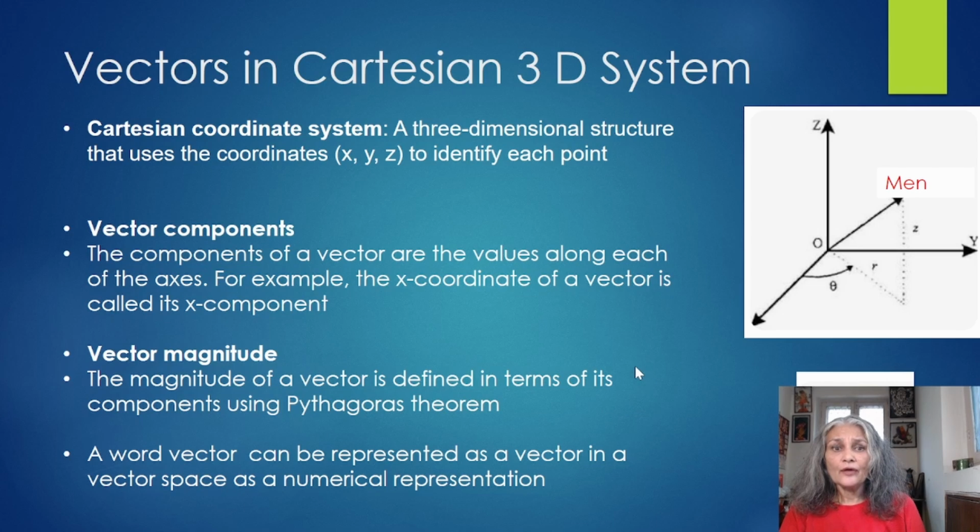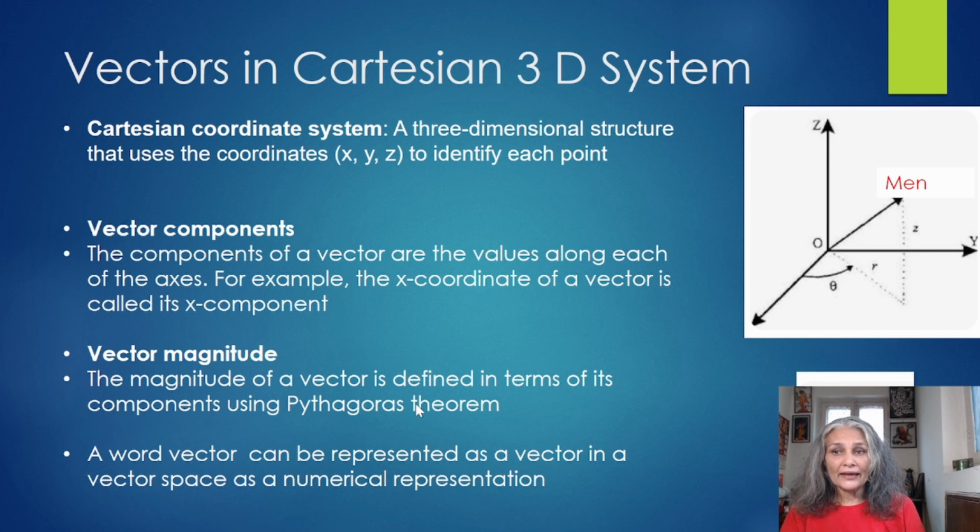All right, now let's understand a few other technicalities. The vector components are the values along each of the axes. For example, if we want to know the component of Y, which we take as masculinity, the masculinity component of men, we would drop a vertical line from the arrowhead to the y-axis, and the distance from the origin to that line would be the masculinity component.